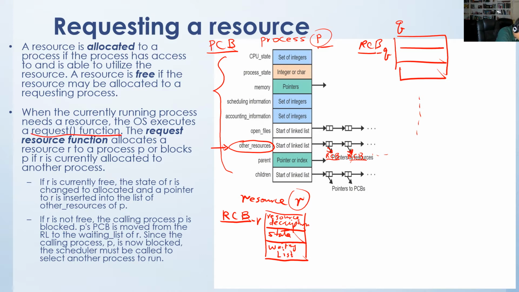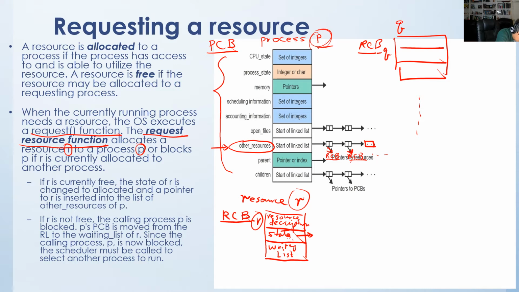That request resource function then tries to allocate the resource R to the process P. The operating system first is going to check the state of the resource. If the state says this resource R is available, then the operating system is going to allocate the resource R to the process P.